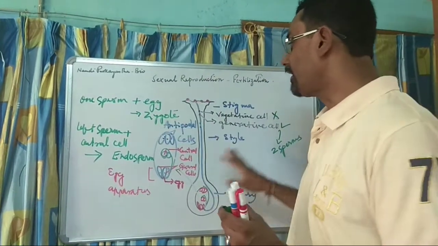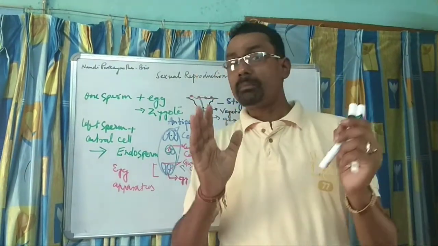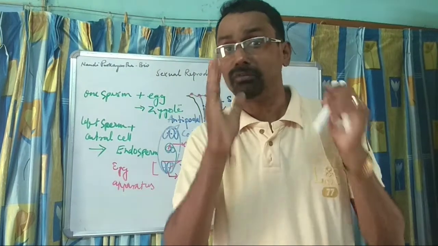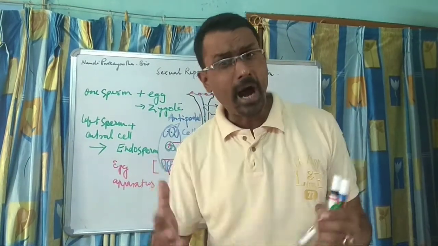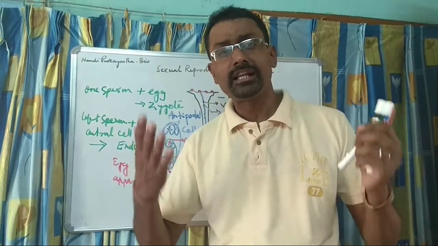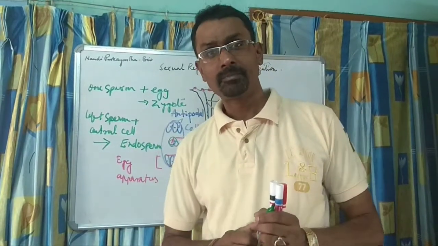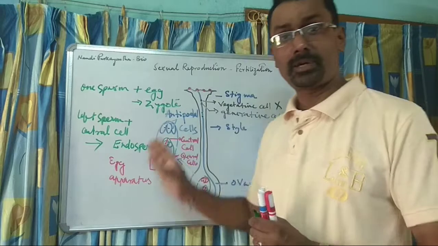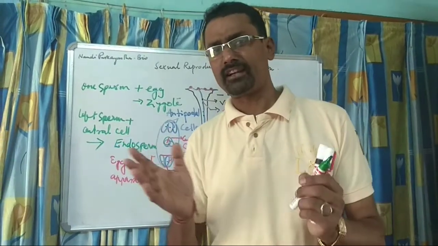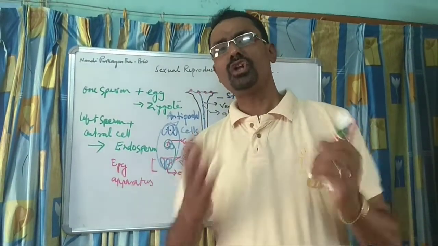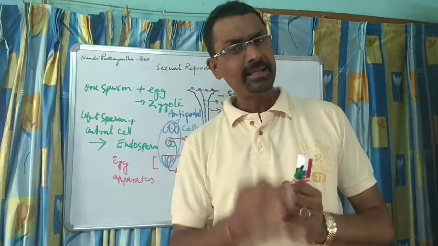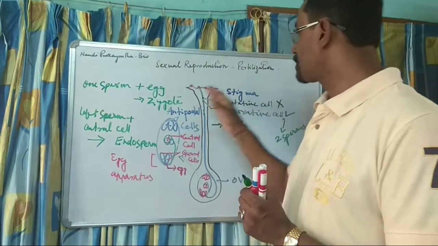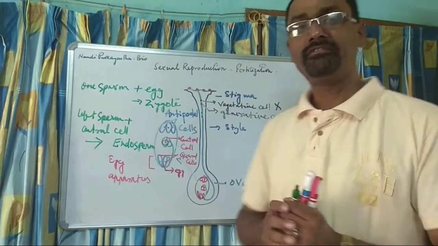So ultimately, in angiospermic plants there is double fertilization. There is always a question: why is angiospermic fertilization called double fertilization? That is related to fertilization, a part of sexual reproduction, because when we don't discuss fertilization, sexual reproduction is not complete. Now we've completed sexual reproduction today with the completion of fertilization.